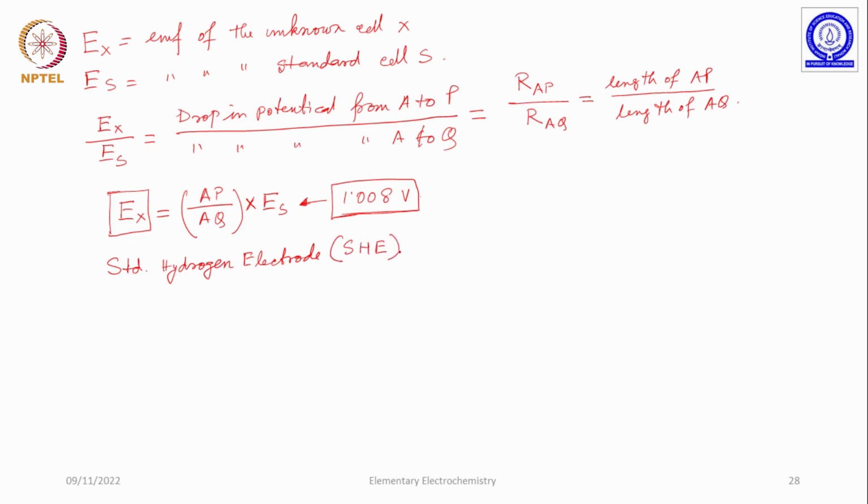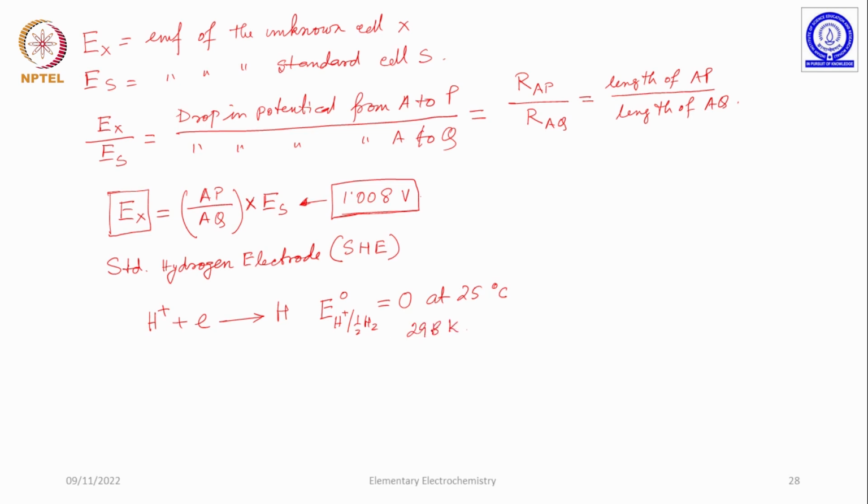So, what is the standard hydrogen electrode? It is nothing but the reaction where H plus takes up one electron and gets converted to atomic hydrogen. The EMF of this reaction at standard state, that is E0 of H plus to half H2, is taken as 0 at 25 degree centigrade, that is 298 Kelvin temperature.